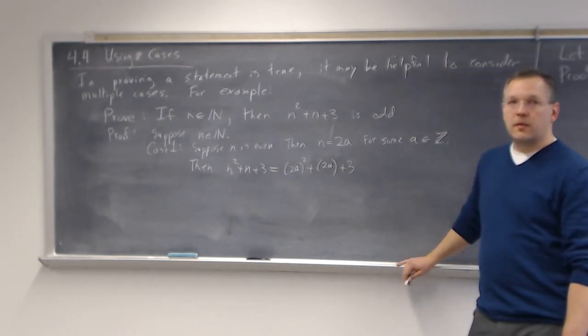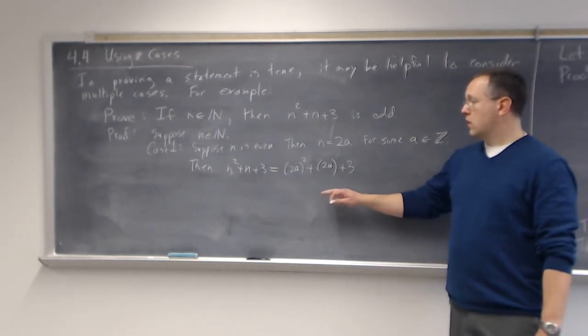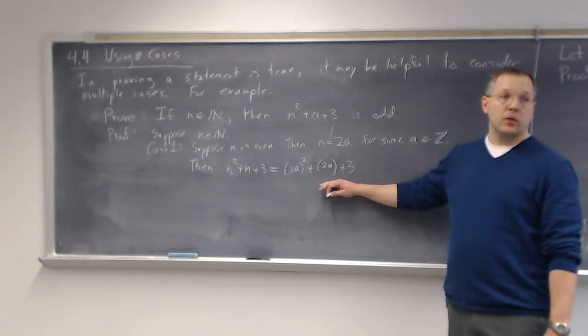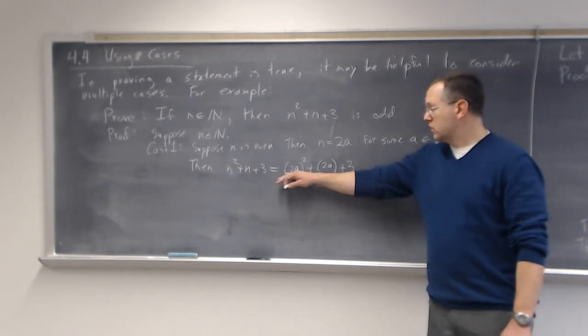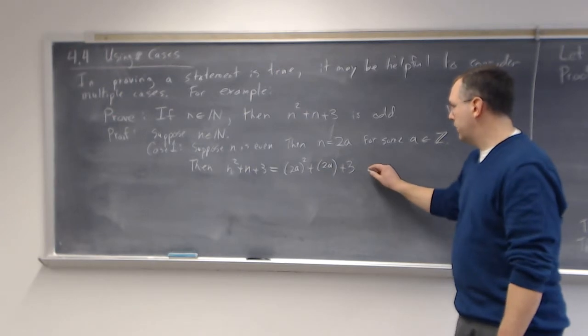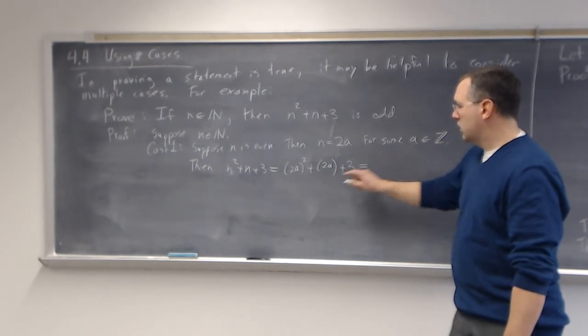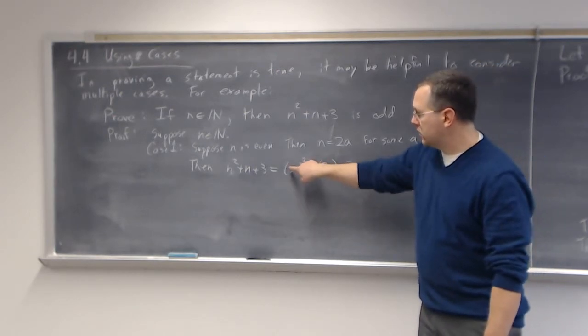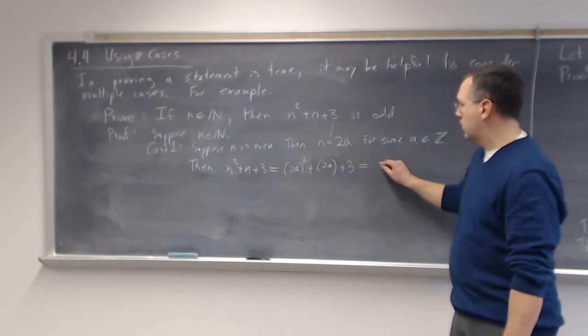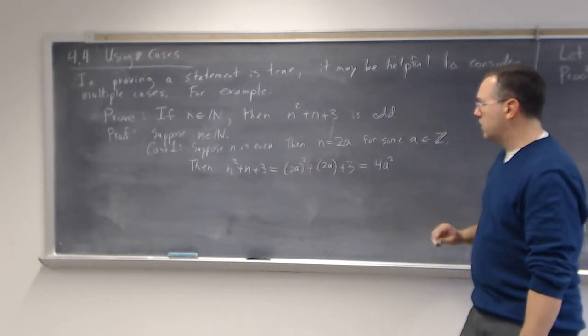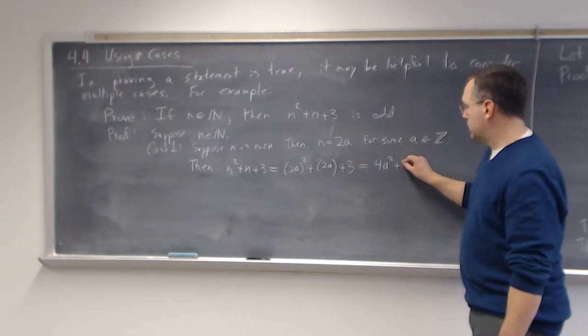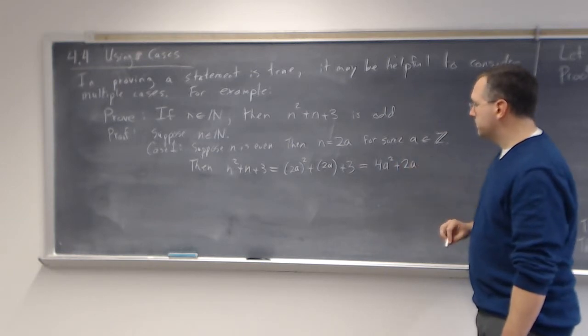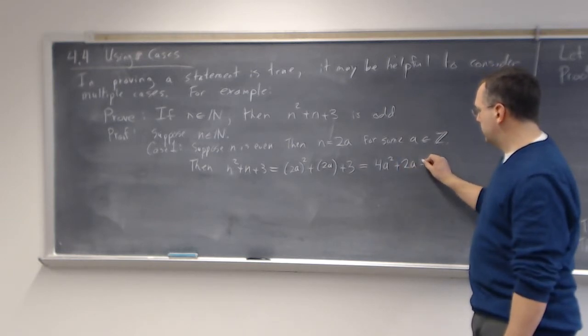Keep in mind, we're trying to show that this looks like 2 times an integer plus 1. So let's multiply this out a little bit. This equals 2a, the quantity squared, where you can distribute an exponent, so this is 4a squared plus 2a plus 3.